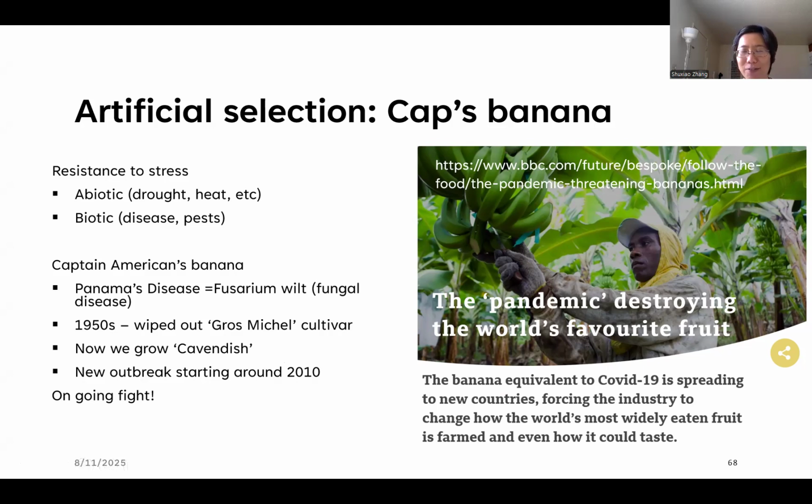And remember, survival is a never-ending game, right? It turns out that we had a new outbreak of Panama disease around 2010. So the fight is ongoing. Researchers are still working on it. Here's a news article on BBC about it. And you guys can read this on your own time. But just know that selection is ongoing.